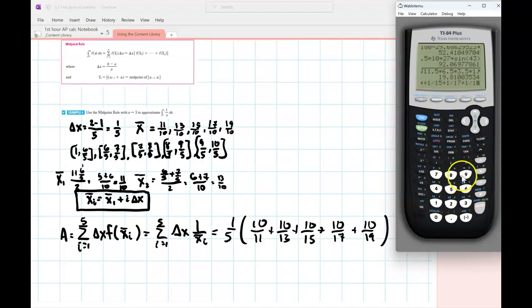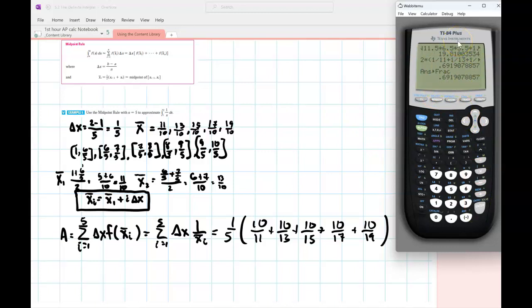I noticed that there's a greatest common factor of 10 in that sum. So I factored the 10 out front, 10 over 5 to reduce to 2, and I saved myself a bunch of buttons to push on my calculator. And probably, let's turn that into a fraction. You little bugger. Anyways, whatever.